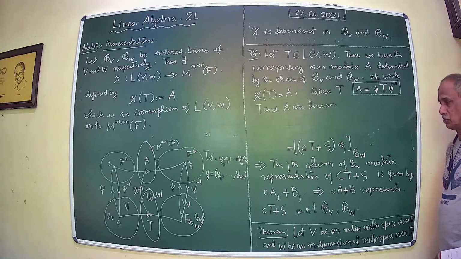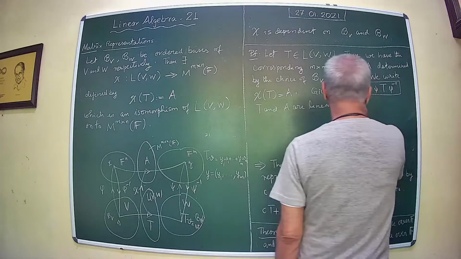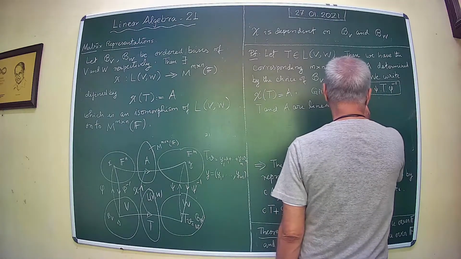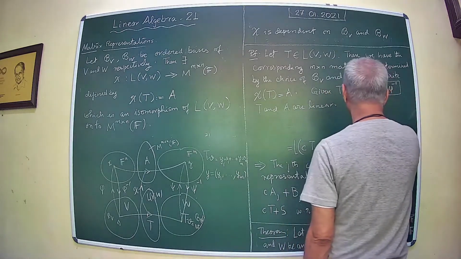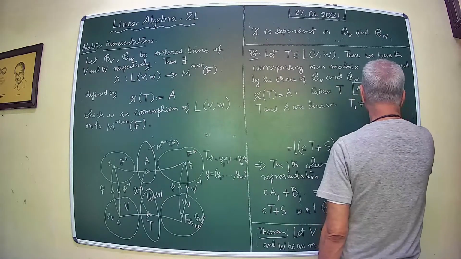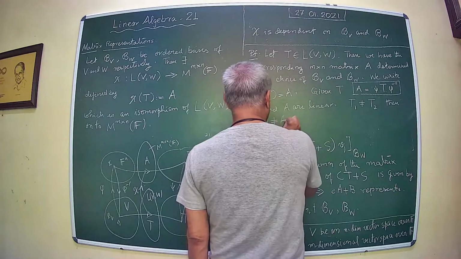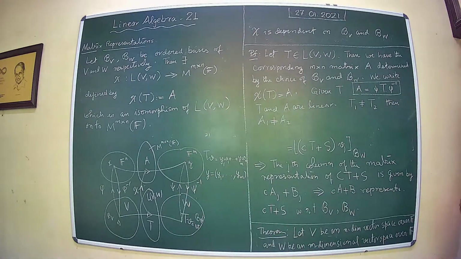And you can show that T1 minus T2, if T1 is not equal to T2, then A1 is not equal to A2. Okay.